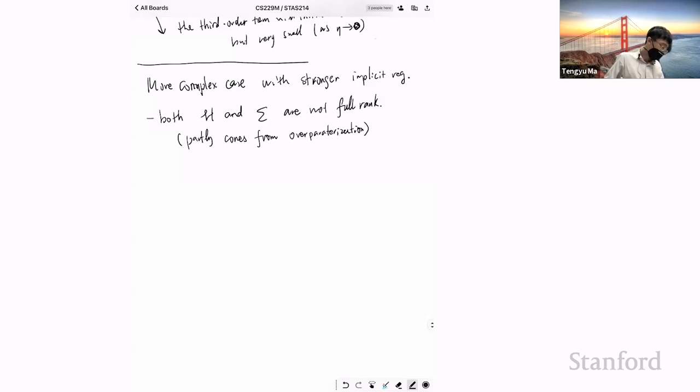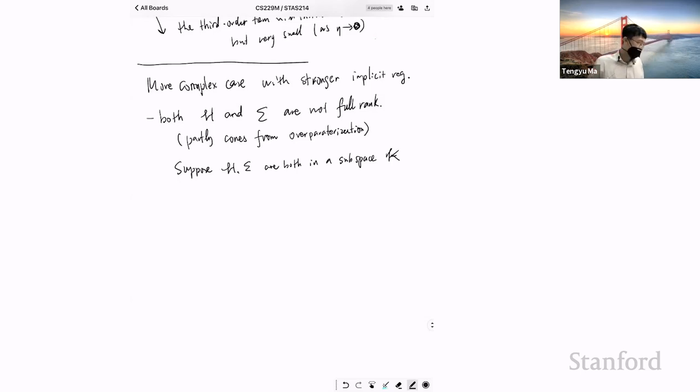For simplicity, let me not discuss when this can happen exactly because you need some calculations. But suppose H and sigma are both in a subspace K, and the subspace K is low dimensional, or at least not full dimensional.